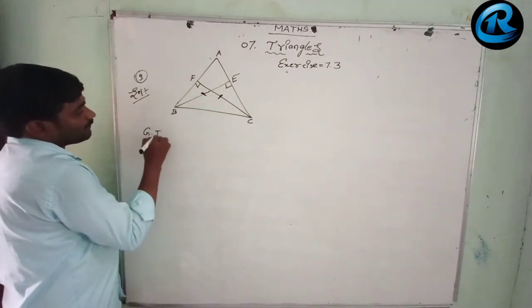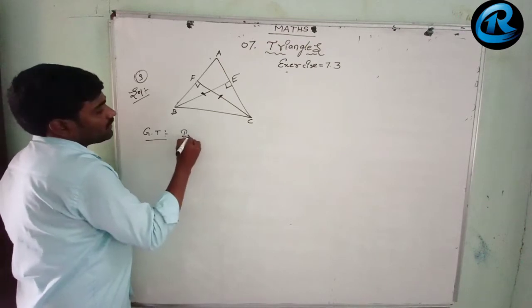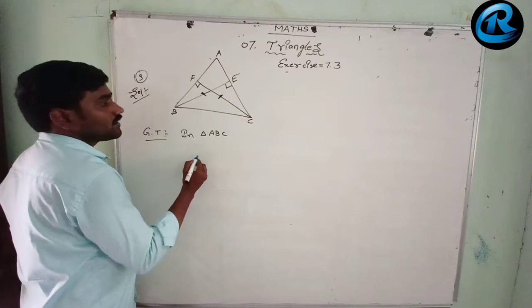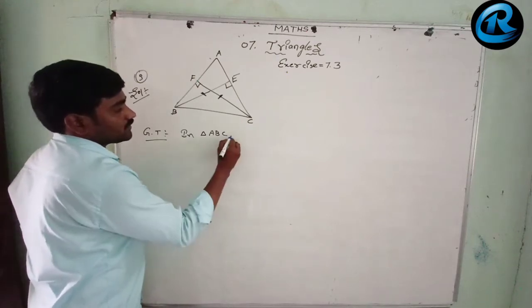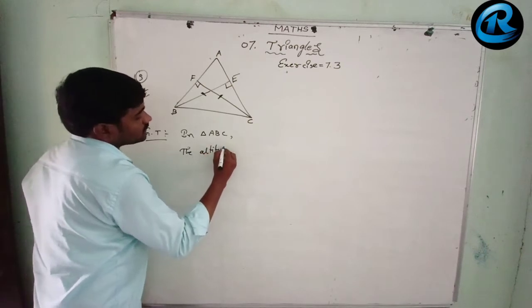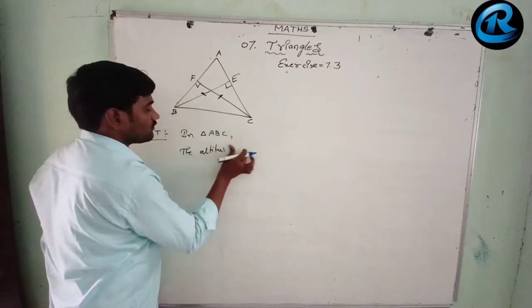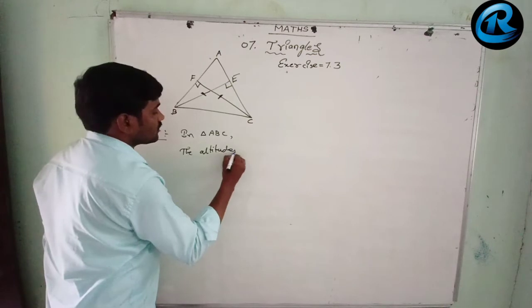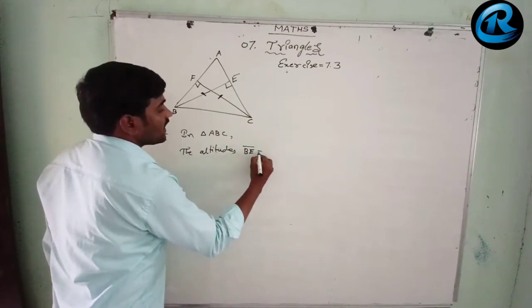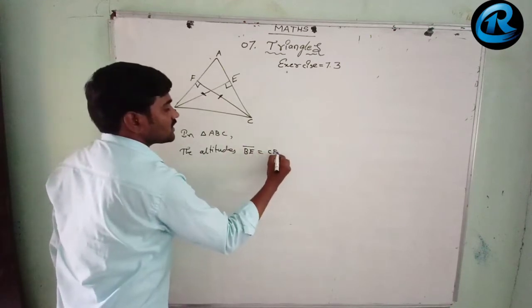So given that in triangle ABC, the altitudes BE is equal to CF.